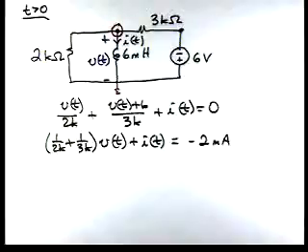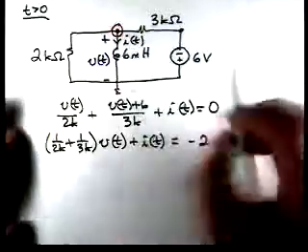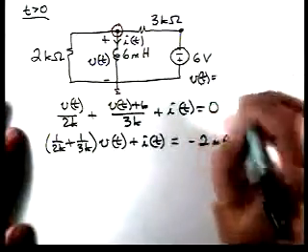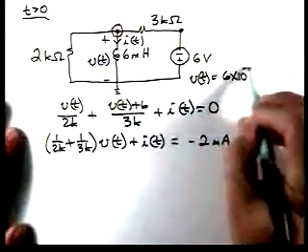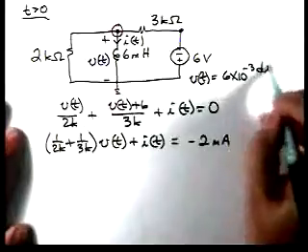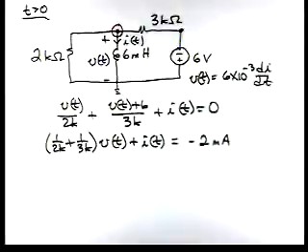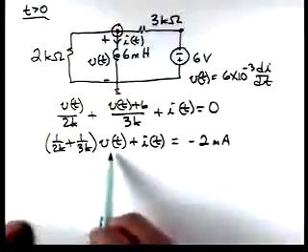Now, we've got one equation and 2 unknowns. We know that v(t) is equal to 6 times 10 to the minus 3 times di/dt.